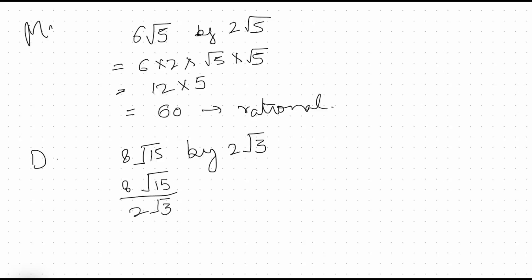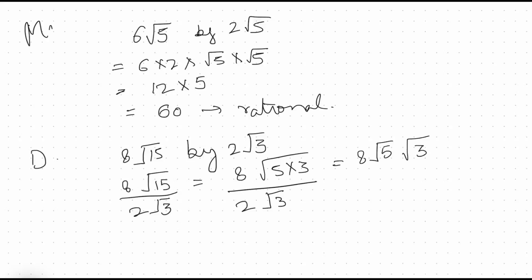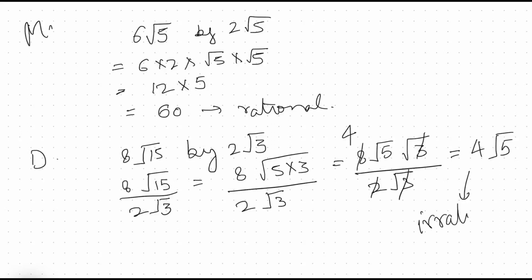Now 15 can be called as 5 into 3. Now we segregate out root 5 and root 3, divided by 2 root 3. We'll cancel root 3 and root 3, and 2 will divide 8 to give us 4. So the answer is 4 root 5. Now this is an irrational number.